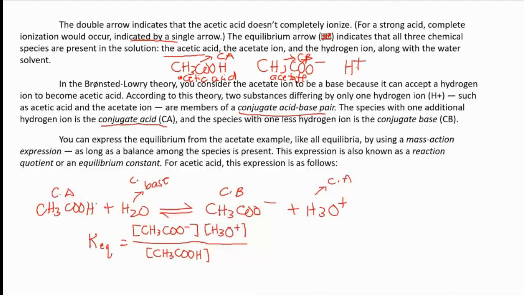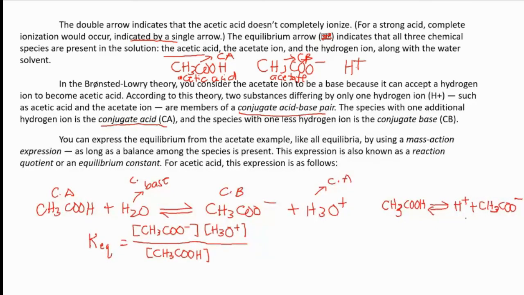If we do not incorporate water, we only have CH3COOH, H plus, and CH3COO negative.